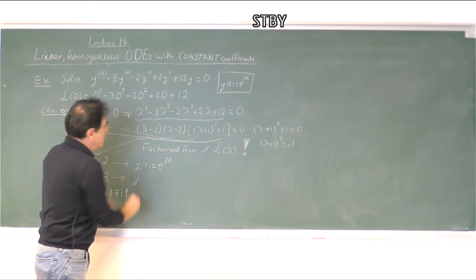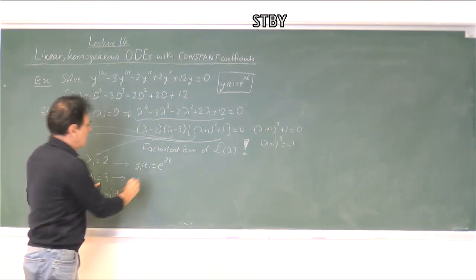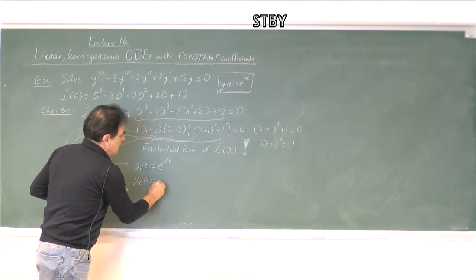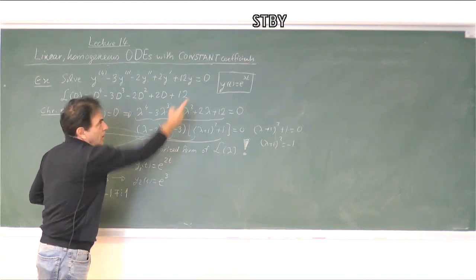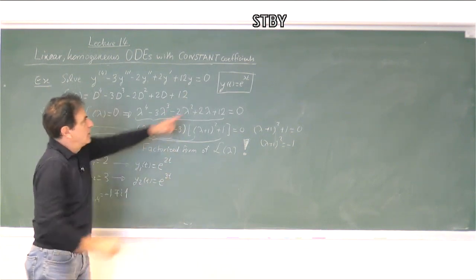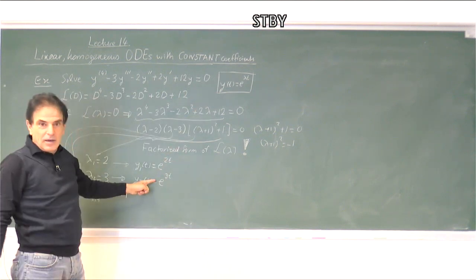Similarly, when lambda is 3, the exponential function e^(3t) is a solution again.